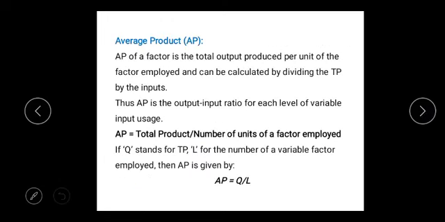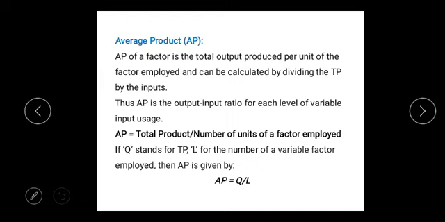So, now let us proceed to another important concept of product, which is average product. Students, average product of a factor is the total output produced per unit of the factor employed, that is output per factor, and it can be calculated by dividing the total product by the inputs.